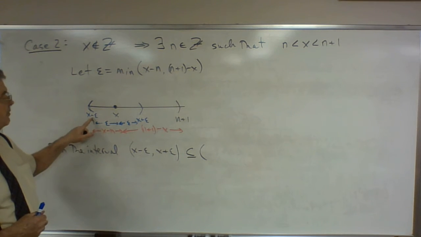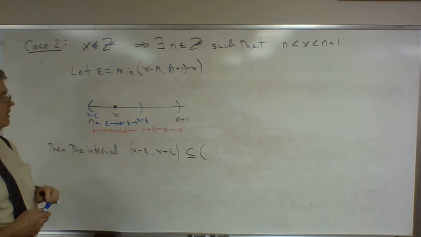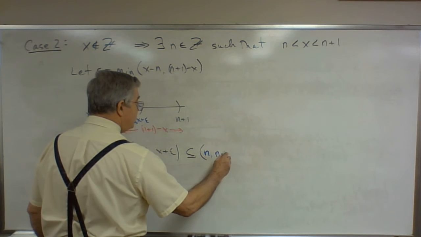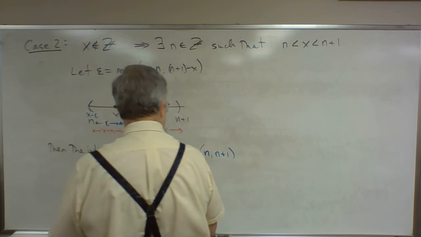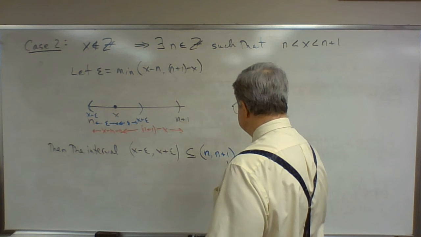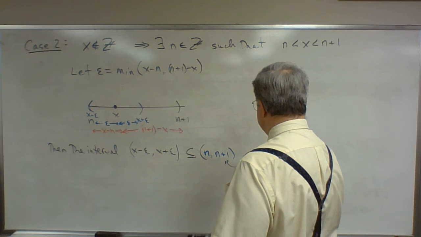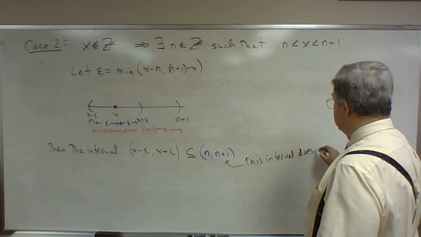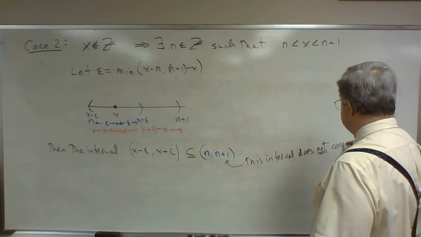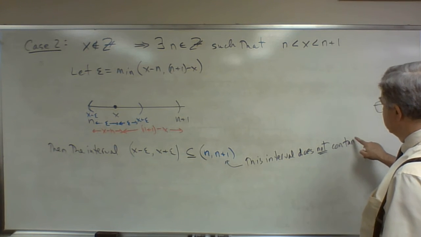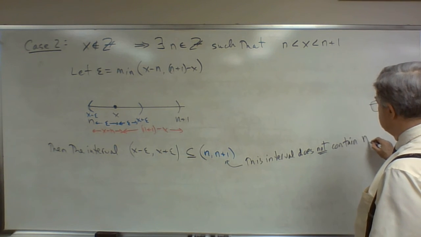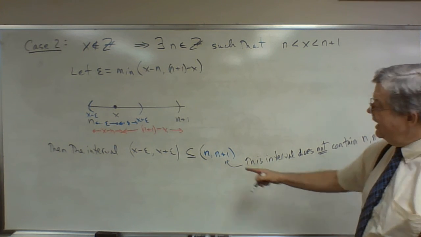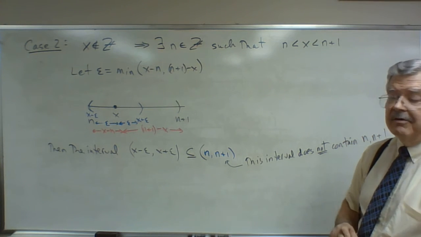So this interval from x minus epsilon to x plus epsilon is contained in the open interval n to n plus 1. This interval doesn't contain n, it doesn't contain n plus 1 or any other integer.